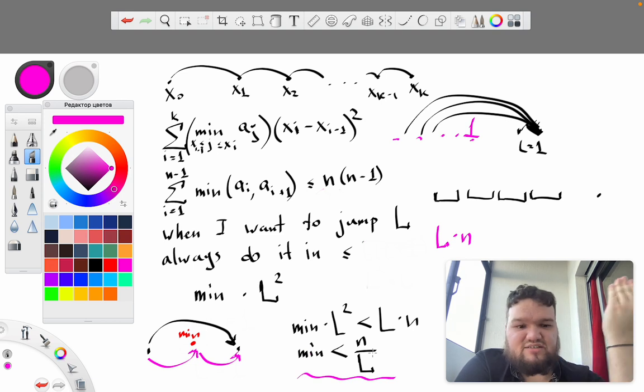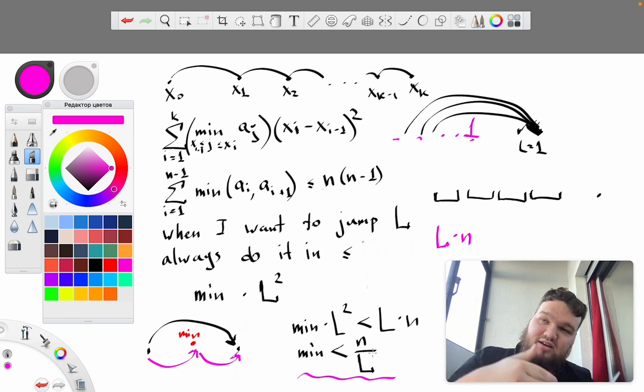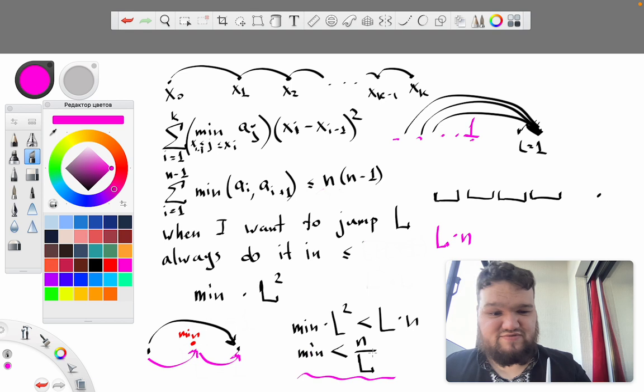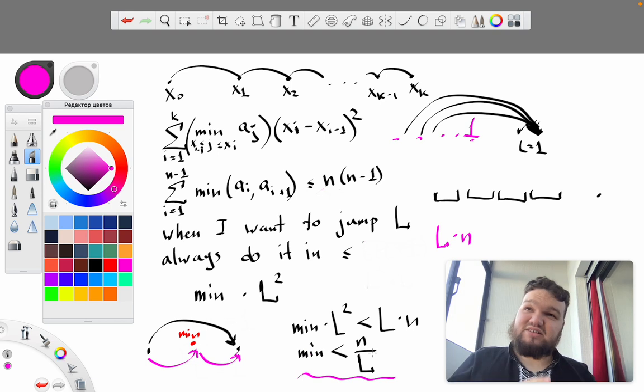So if the length is at most square root of n, we just iterate over all such jumps. And for a minimum smaller than square root of n, we will just iterate over all the previous occurrences of those numbers, because if we take not the previous occurrence but one before that, there will be a midpoint which is not worse.